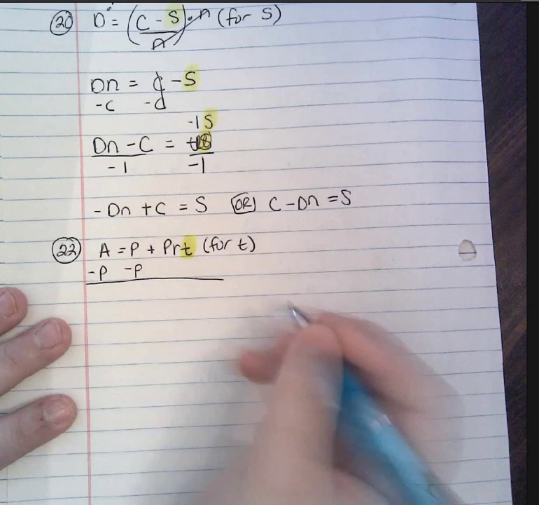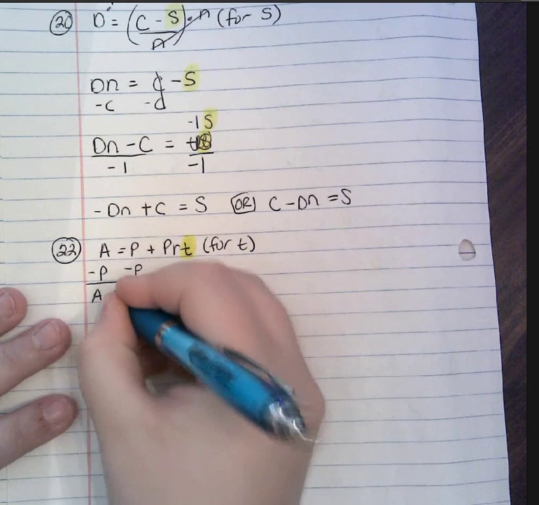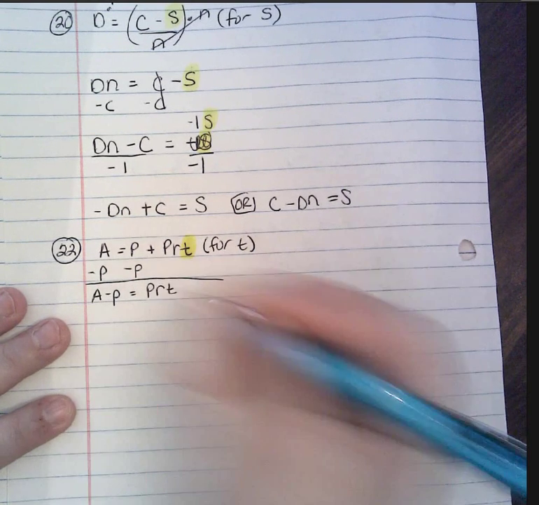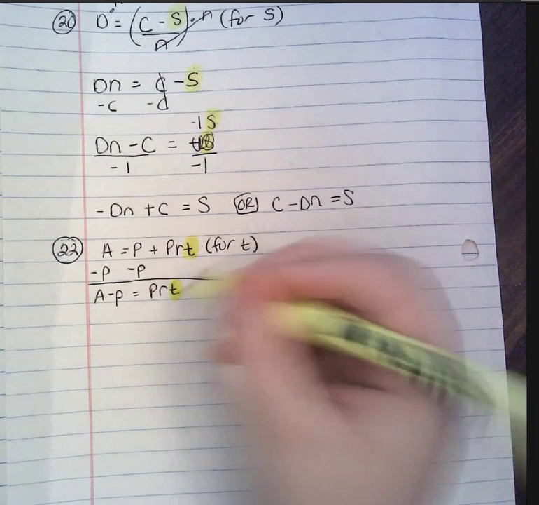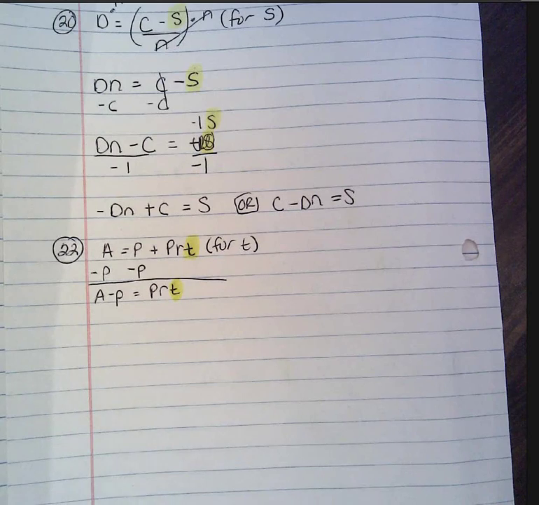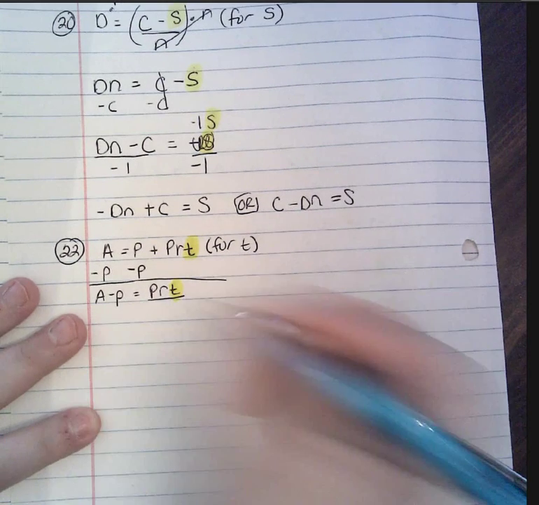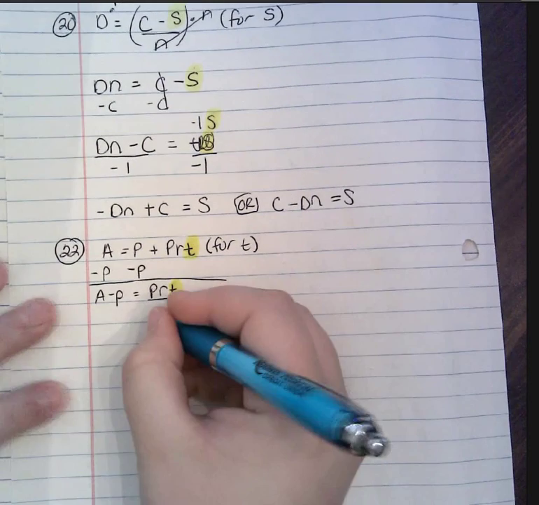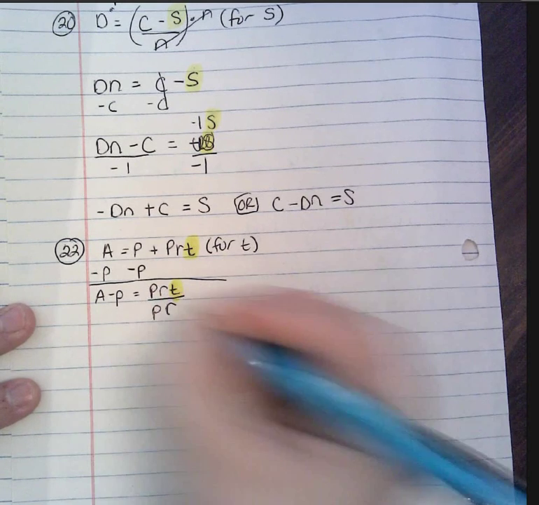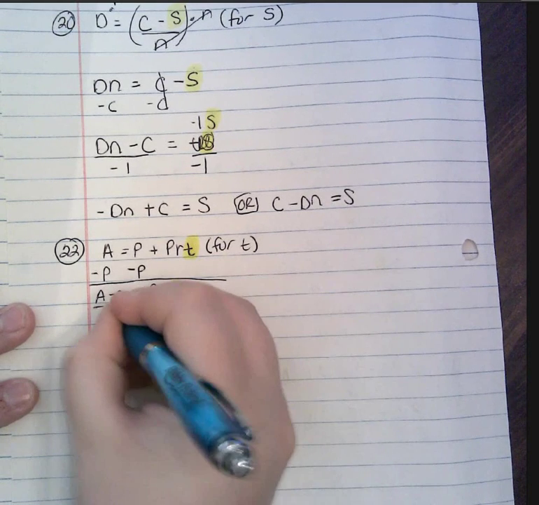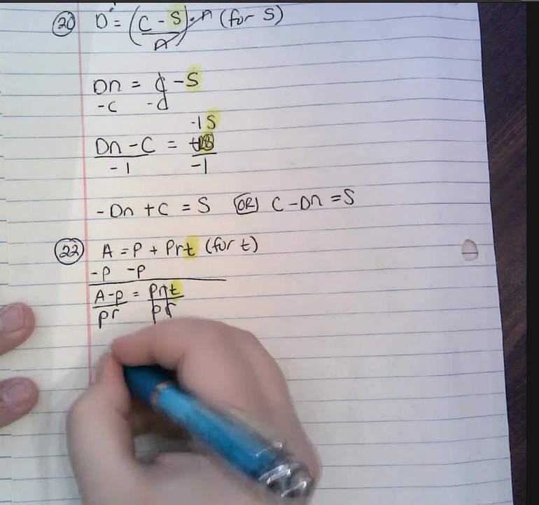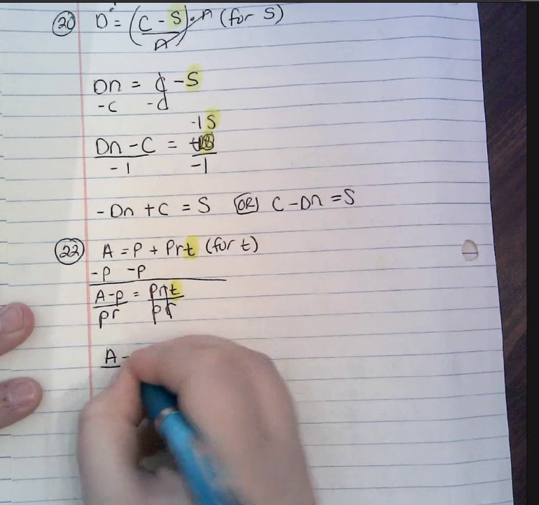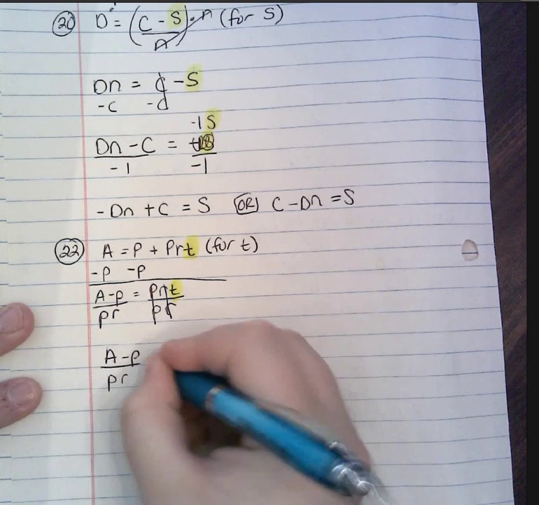So we get a minus p equals prt. So to get that t by itself, you do the opposite. So the pr next to the t would mean multiplying, so we're going to actually divide. What you do to one side, you do to the other. So those are going to cancel, leaving you with a minus p over pr equals t.